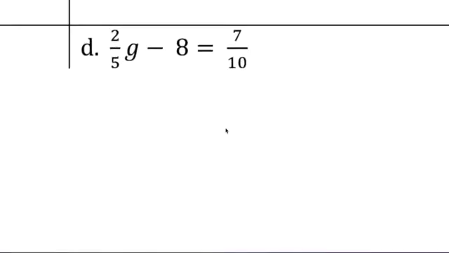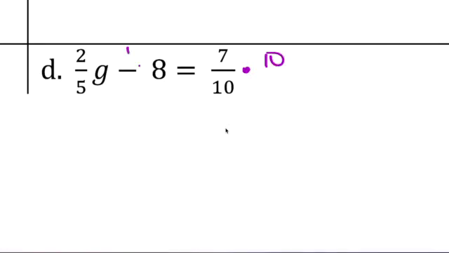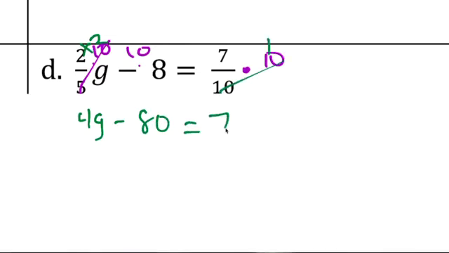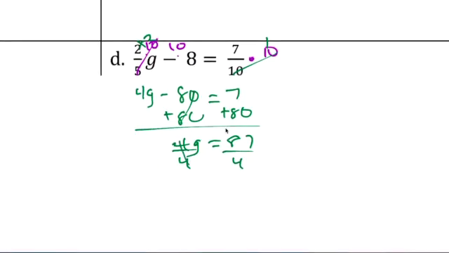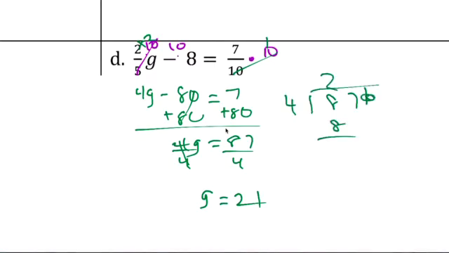Multiply all these by 10. Cross cancel, that gives you 2. 2 times 2 is 4g minus 80. 7, add 80. 87 divided by 4 is 21 remainder 3.